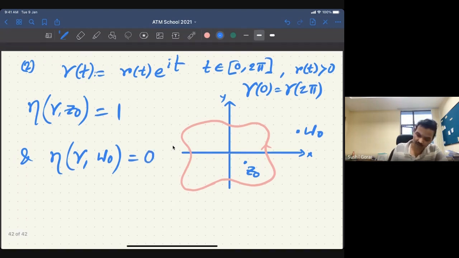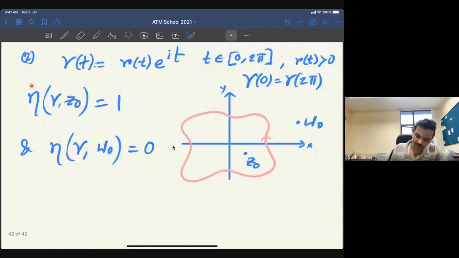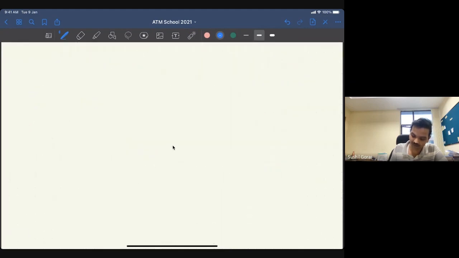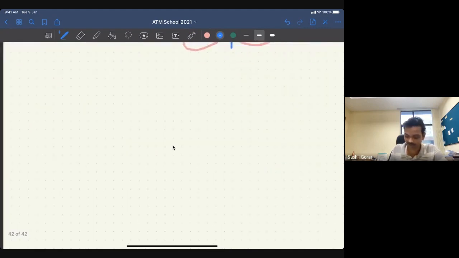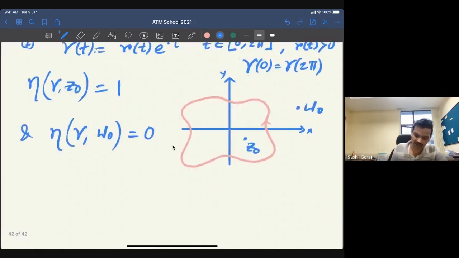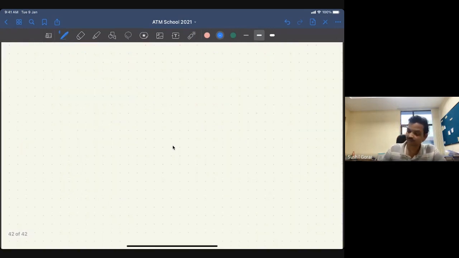For showing this one, you actually need some properties. So we will now state and prove a few properties. You might need some of these properties for this computation.